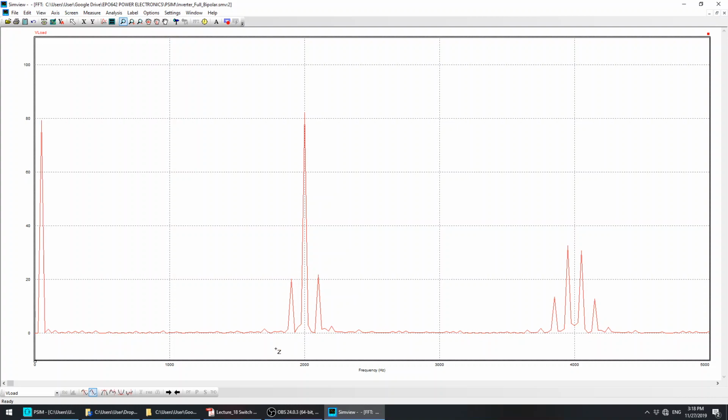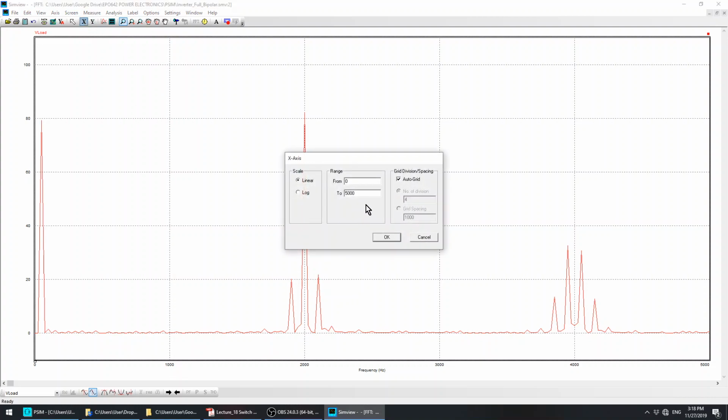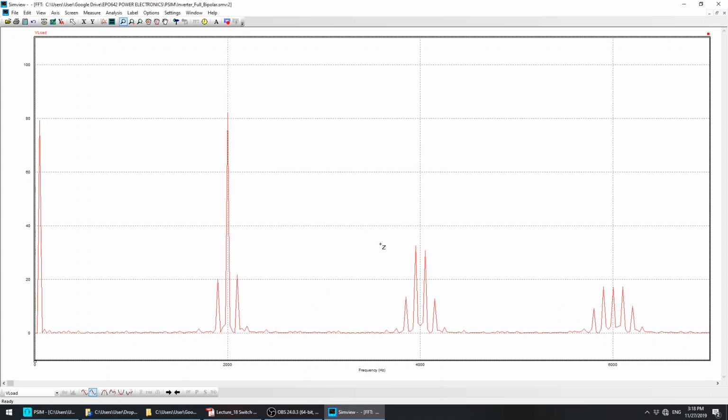If you look at the next odd multiple, can I go to 7,000? There you are. So you have 2 kilohertz and 6 kilohertz, at the switching frequency and its odd multiples. But for the rest, we have these side bands.